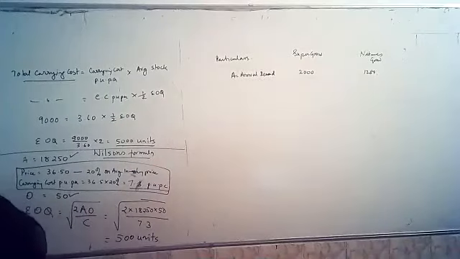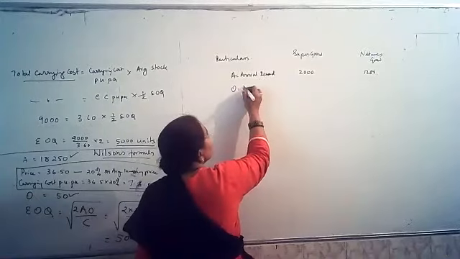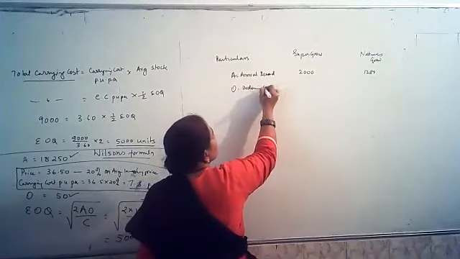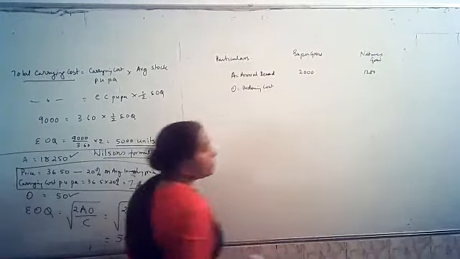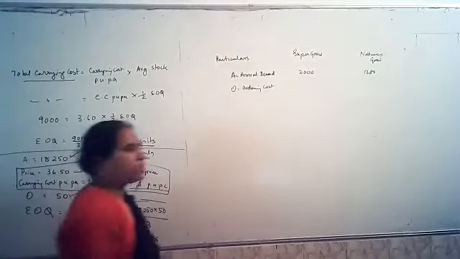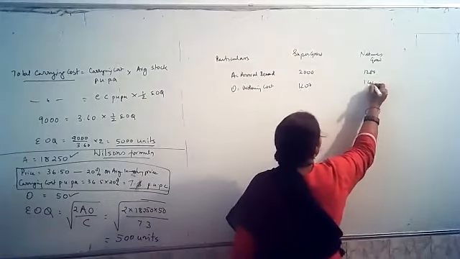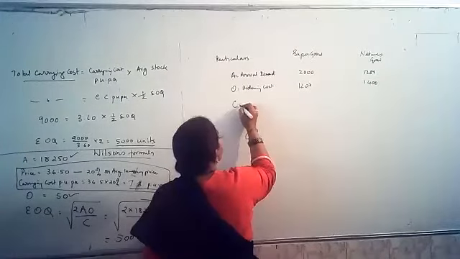Next one, we have ordering cost, O. O is ordering cost. First one, Super Grow ordering cost is 1200. Next one is 1400. 1200, 1400. Next is carrying cost.